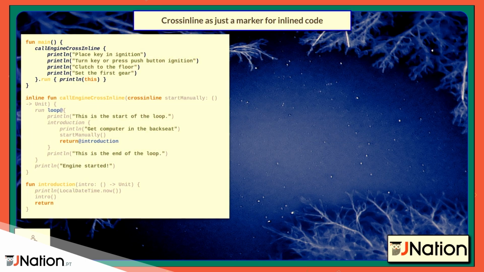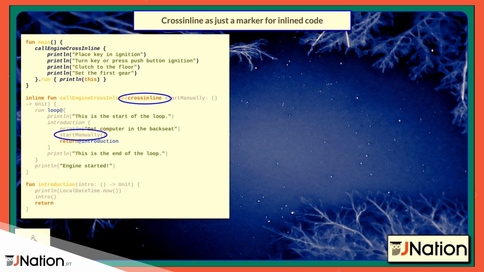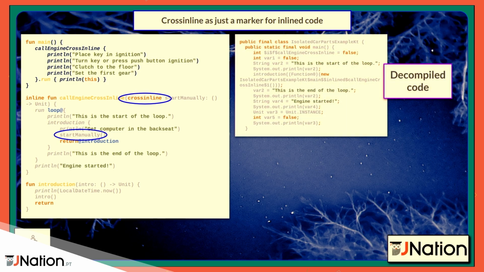If we use crossinline for startManually, then we are telling the compiler to make sure that we get all the code inline, including the call to startManually, which we are calling here right now. But what that means is that we get this decompiled code.